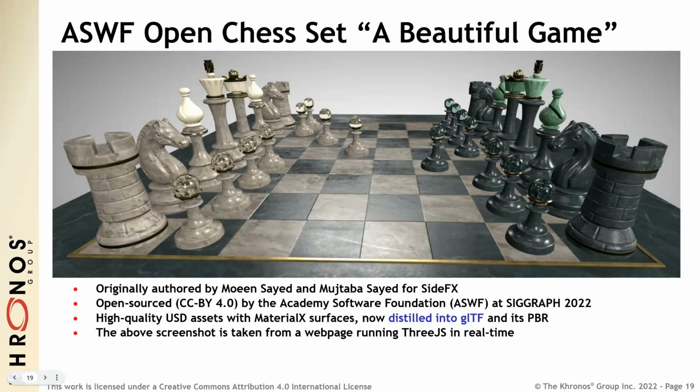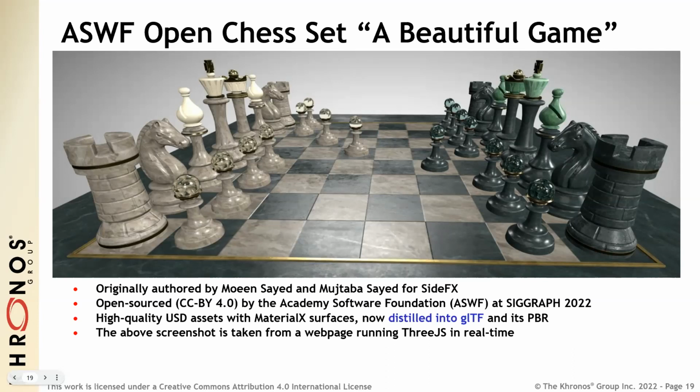It was originally authored as a tutorial for SideFX Houdini, and it really stands as a great example of using the power of the high-end, USD-driven asset authoring pipeline. Once the asset is polished and finished, and the materials were all designed originally in Material X, it can then be converted and exported to glTF.